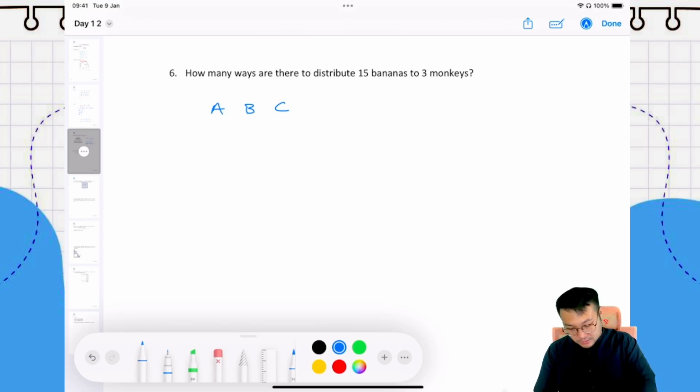You can just write down, let's say monkey A got 1 banana, the other guy got 1 banana, so the last guy must have 13. So this will make 15, right?